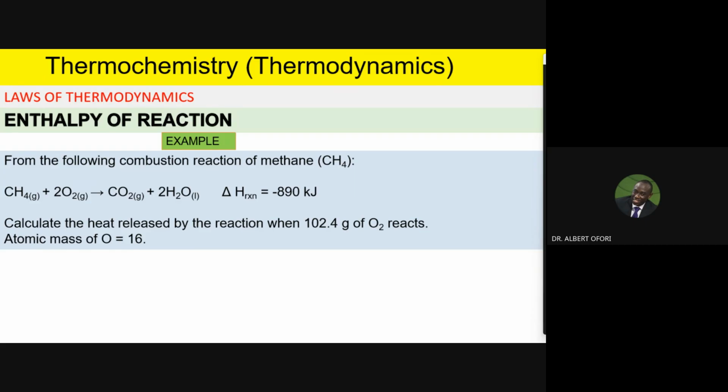We have the atomic mass to be 16, so 16 times 2 because we have 2 of that will be 32. So then the moles here is going to be mass divided by 32, and we get the moles. And so if 2 moles give us that, then what will happen to our new moles? That's just what we're trying to do here. Does it make sense?